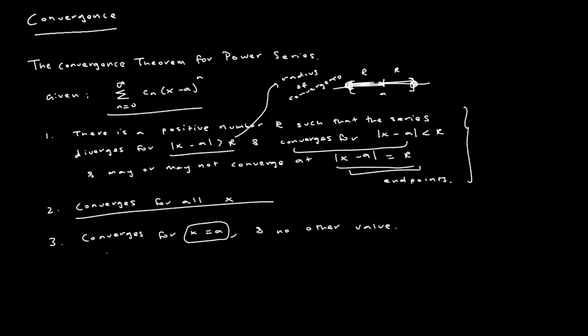So in case 3, the size of our radius is equal to 0. In this case, the radius size is infinity since we converge for all values. And then over here, our radius is equal to r, right? So those are the sizes of the radius.